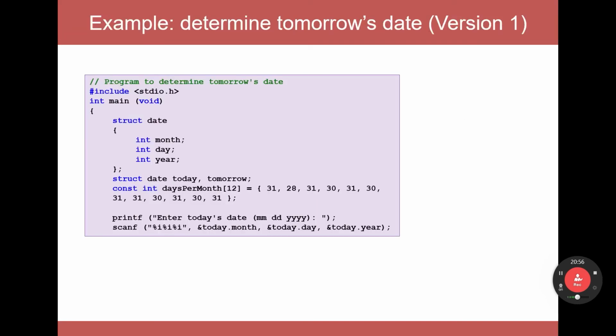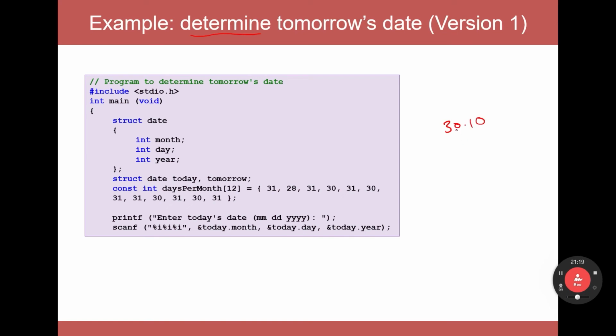Okay, now let's see some example about how to determine tomorrow date if I know today date, okay? So if I know today date, for example, today is 30 of October.